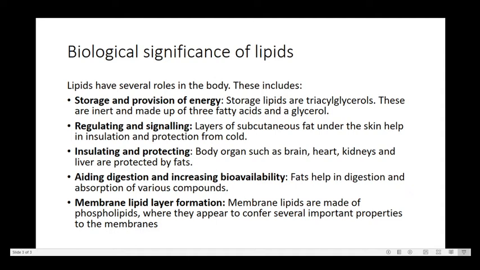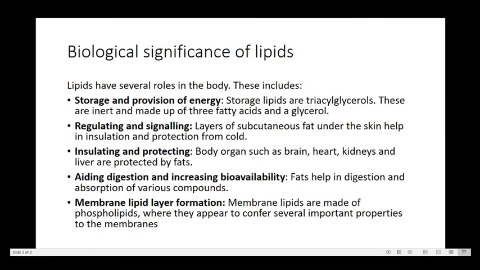The composition of brain is 60% fat, demonstrating the major structural role that serves within the body. So you may be familiar with the subcutaneous fat or the fat underneath the skin. This blanket layer of tissue insulates the body from extreme temperature and helps keeping the internal climate under control.